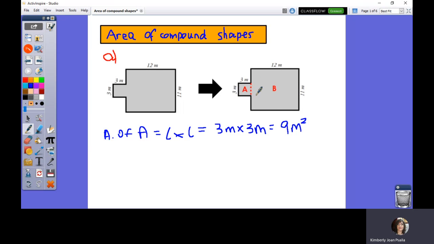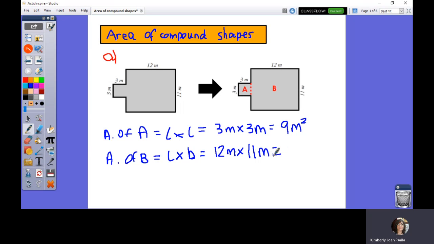Now we have to find the area of B. Okay, so area of B equals, we know that the area of a rectangle can be found by using length times breadth. So the length here is 12 meters multiplied by the breadth 11 meters.